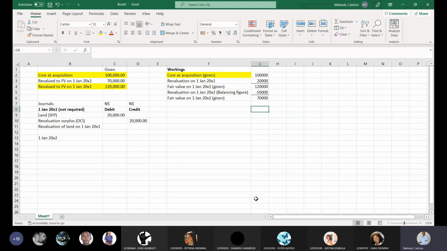Can you help me with the journal entry on 1st of January 20x2? What accounts are debited?